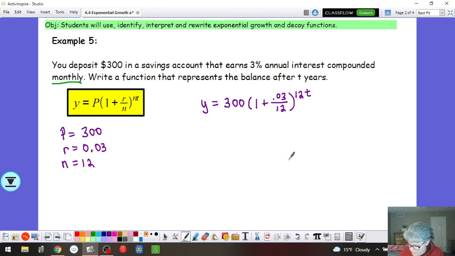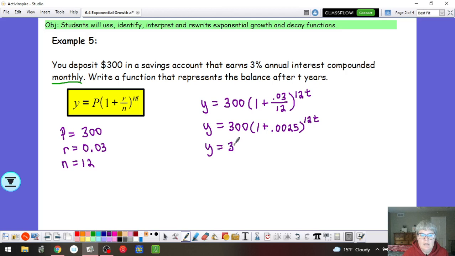And we could simplify that to y equals 300 times 1 plus, I just divided 0.03 by 12, and that decimal value is 0.0025, to the 12t, and then we can simplify it further. 300 times 1.0025 to the 12t.